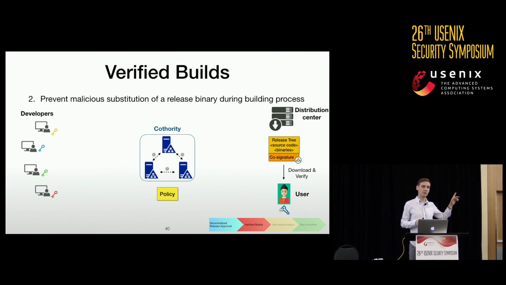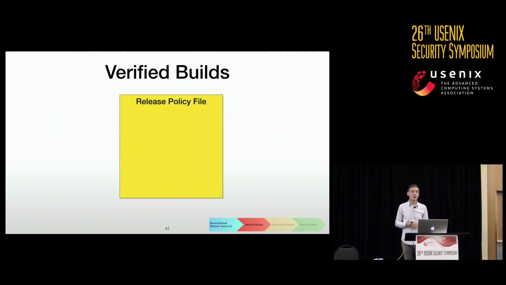A good thing about this approach is that companies with closed source software can use it too, by just signing an NDA with the authority members and still provide assurance to the end users about the source to binary correspondence. I was talking about the policy file and what should be there.